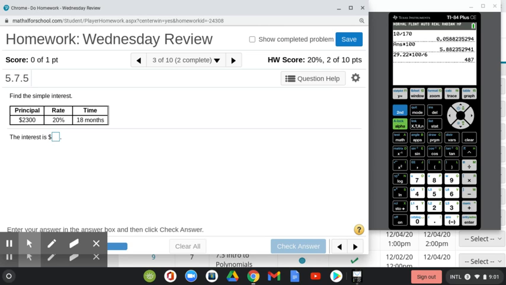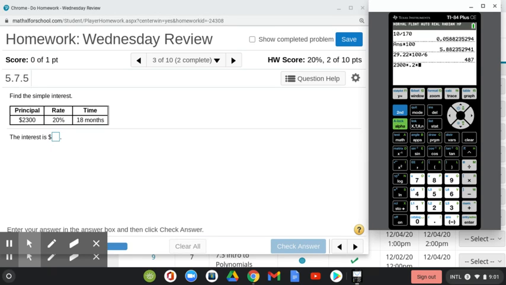Okay, we want to find the simple interest rate on number 3, so that is I equals PRT. So we're just going to multiply these numbers together. Remember to use the interest rate in decimal form. So it's going to be 2,300 times 0.2 times, and then it says 18 months.